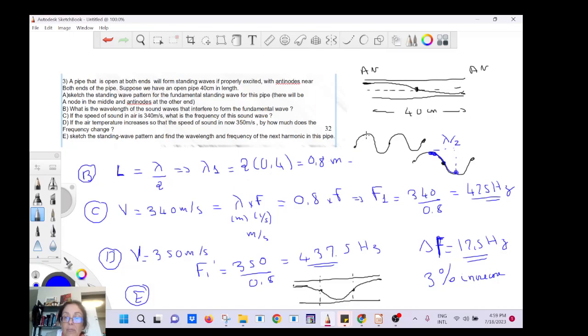Okay, so you go from here, go down, and then you go back here, same place. Because you go back to the same place, that's going to be one wavelength. So what you can think about is that when you have a pipe here, you can start by drawing the wave. You can have the wave.